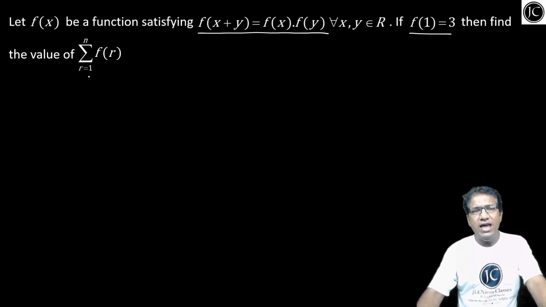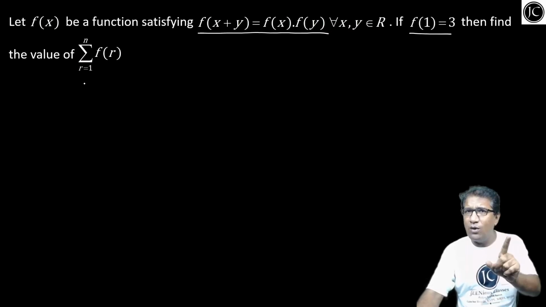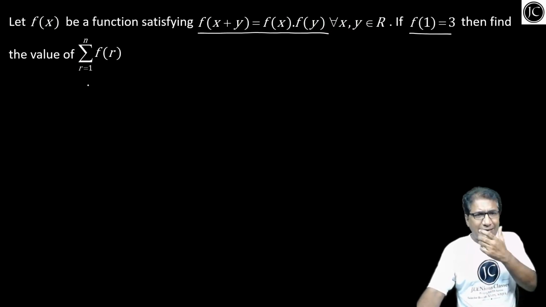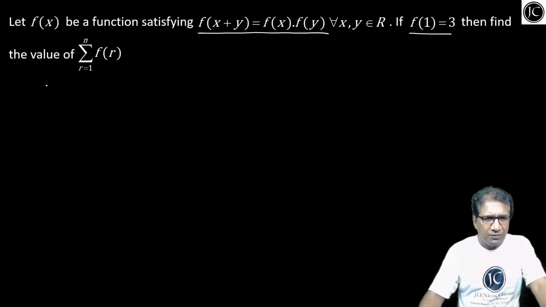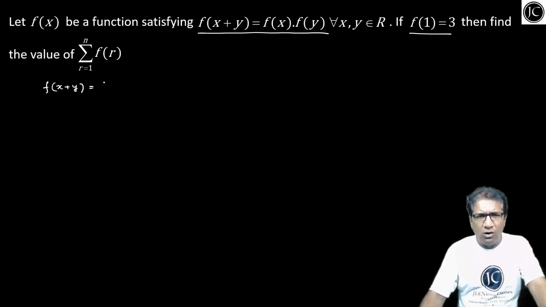From here, we have to find the sum of f(r) from r equals 1 to n. That means first I have to find what my f(x) is. So let's go. Look children, f(x+y), as we just did, if it is f(x) into f(y), then we will assume that f(x) equals a to the power x.